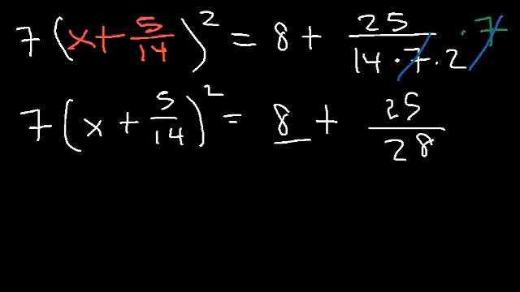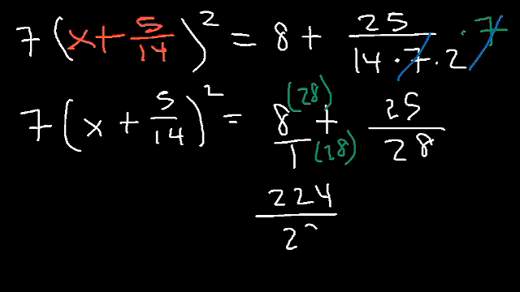So at this point, let's get common denominators so we can add these two numbers. So let's multiply 8 by 28 and 28. Now what is 8 times 28? Well, 8 times 2 is 16, so 8 times 20 is 160. And 8 times 8 is 64. So 160 plus 64 is 224. So 8 times 28 is 224.